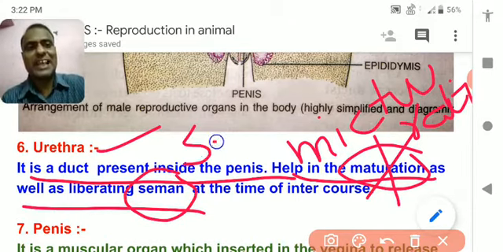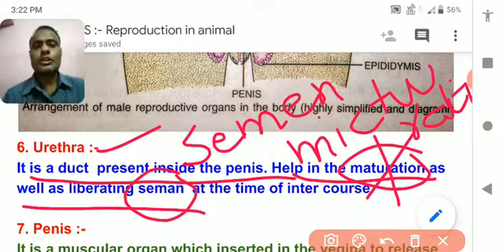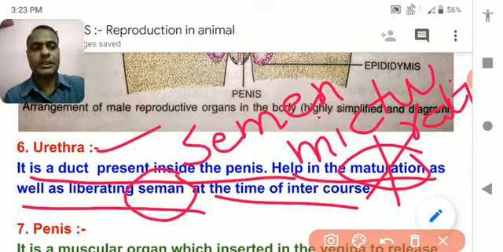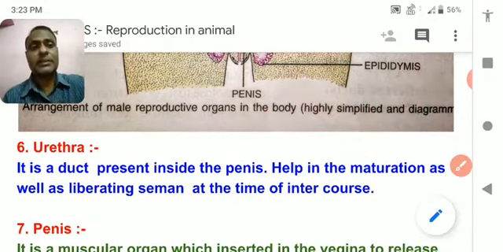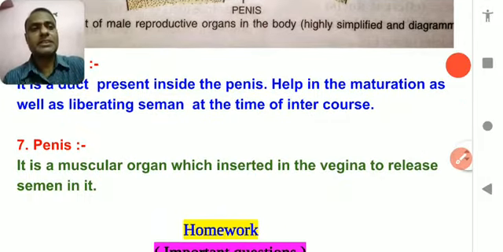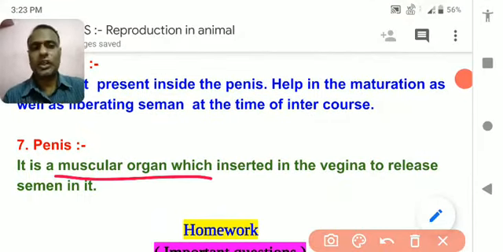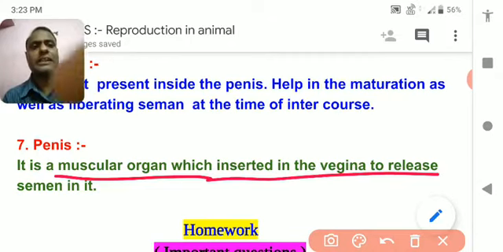Semen, S-E-M-E-N. So it helps in micturition and passing semen at the time of intercourse. Understood? Meaning sexual relationship. Next, the penis. The penis is the muscular organ which is inserted in the vagina to release semen.